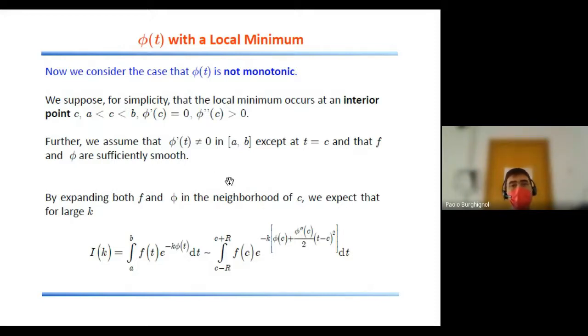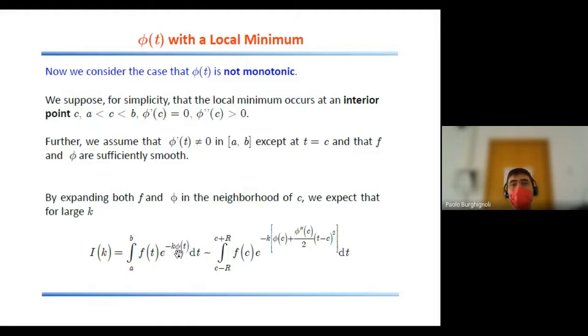So, first of all, we integrate from c minus R to c plus R, where R is somewhat arbitrary. Then we replace the function f with the constant f of c, the value of the function evaluated at the point c. This is a strong simplification.